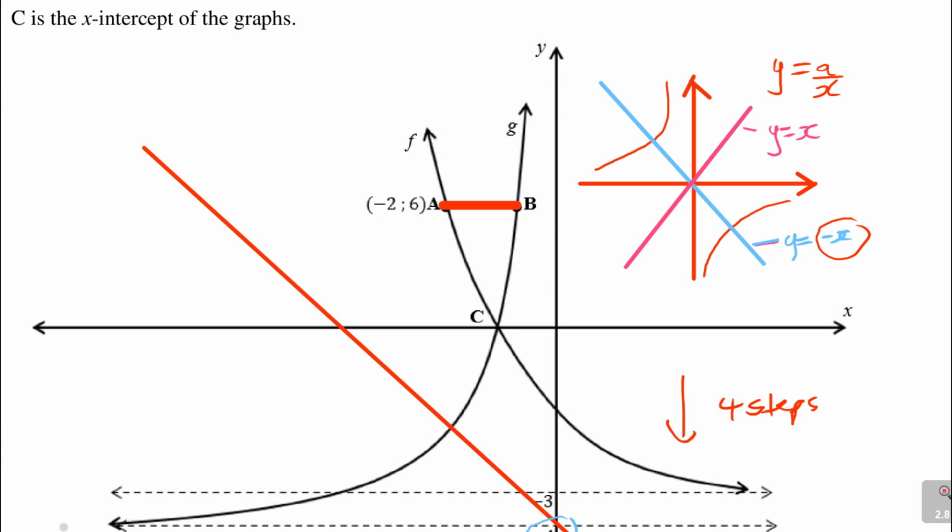But now, for us to calculate the length of AB, we are also forced to find this point down here of B. You see? So I need 2 points. I need these 2 points. I know already that this point is minus 2 from here. Remember, this is x. So here x is minus 2, but I need the other x value here.